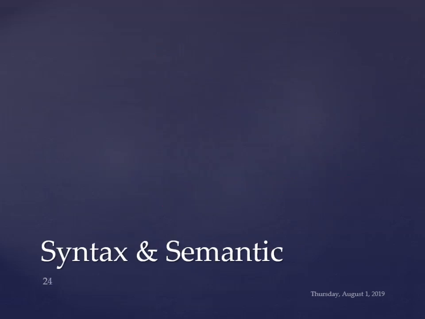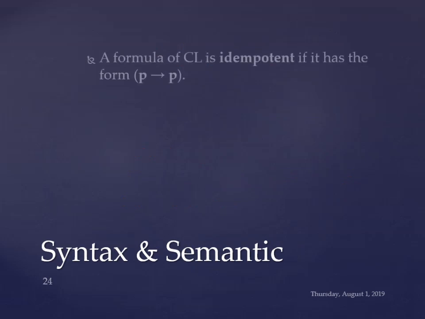Let's talk about syntax and semantics together in a special piece of notation that you'll need to understand for your homework. This is also in the book. A formula of CL is called idempotent if it has the form P arrow P, where P is numerically identical with itself.